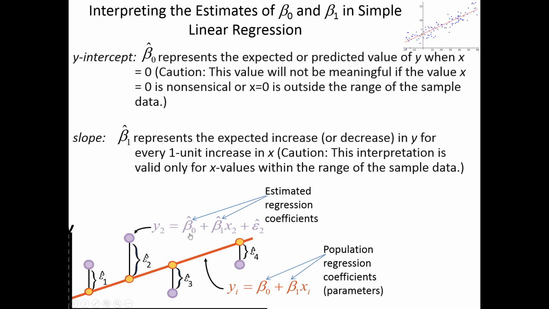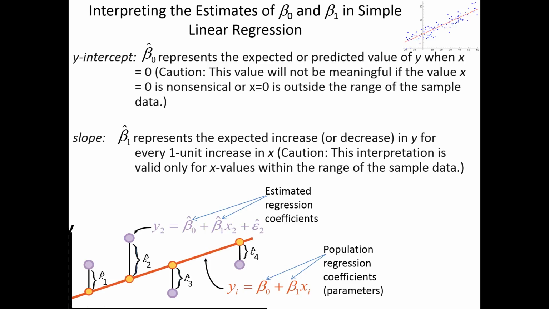This beta hat 0 is the estimated regression intercept, and beta hat 1 is the estimated regression slope. These are estimates of population regression coefficients, which we do not have access to. We are estimating those based on our sample, and there is error involved.